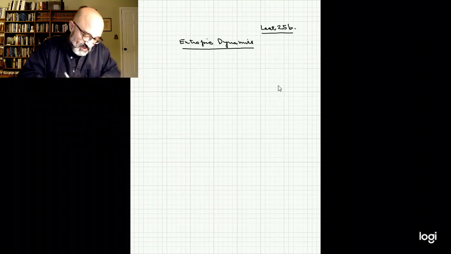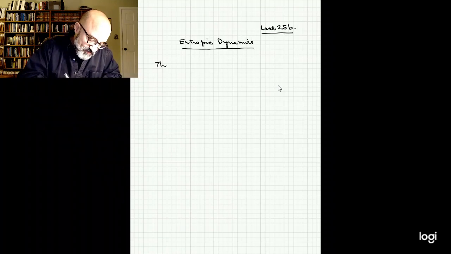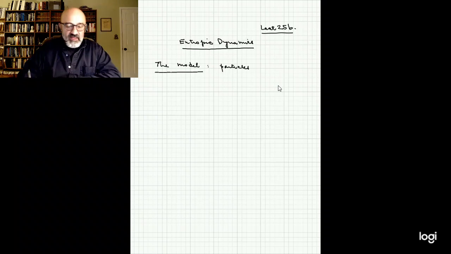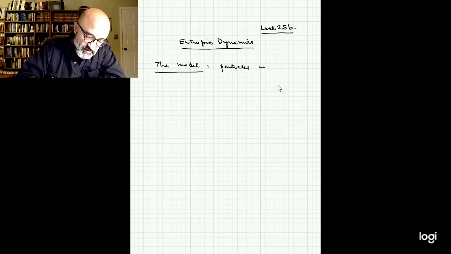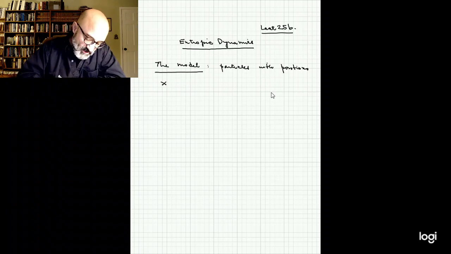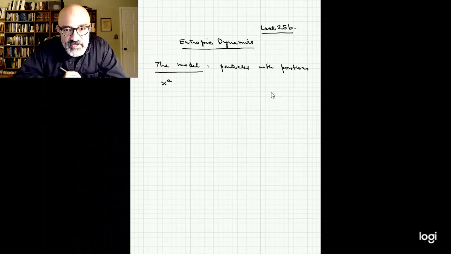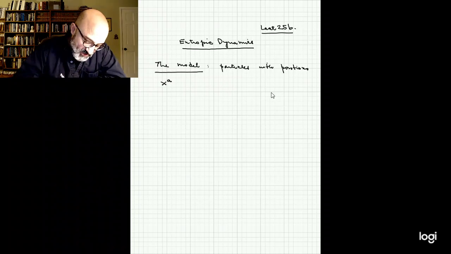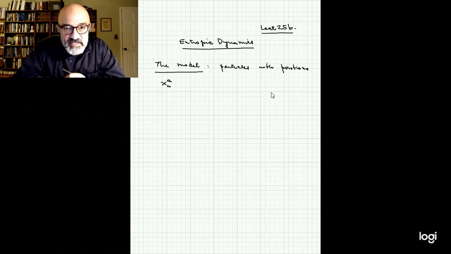So, the model. We have particles with positions that we're going to label by the letter X. There are going to be 3 coordinates, which we label a = 1, 2, 3, and there is going to be an index n that labels the particle.